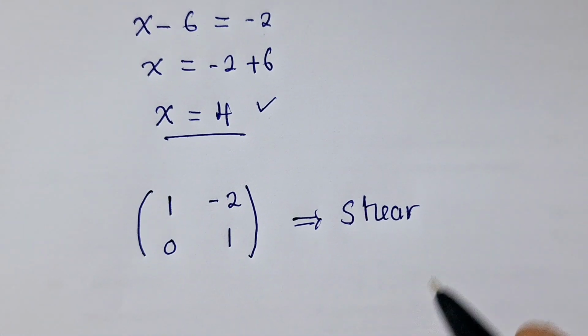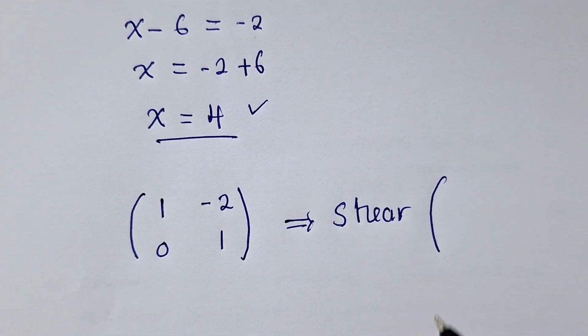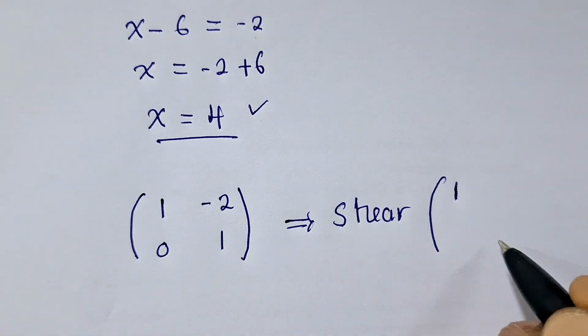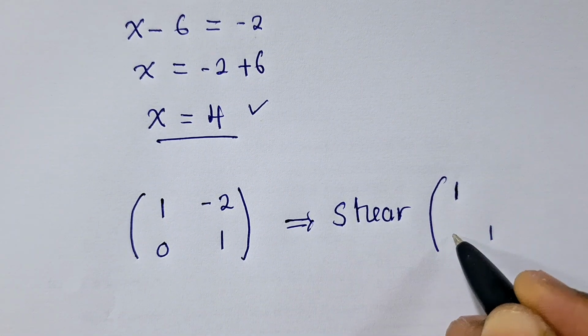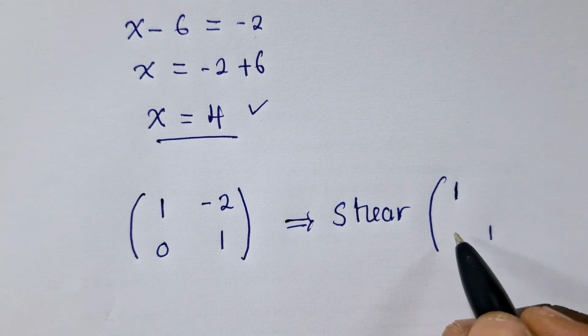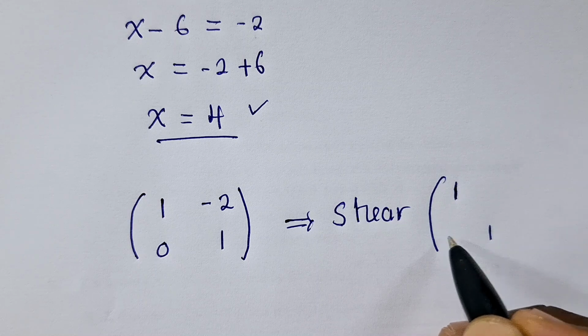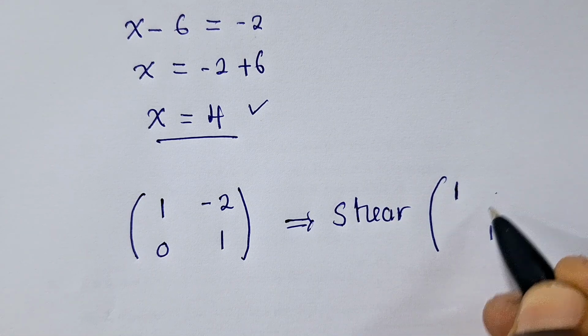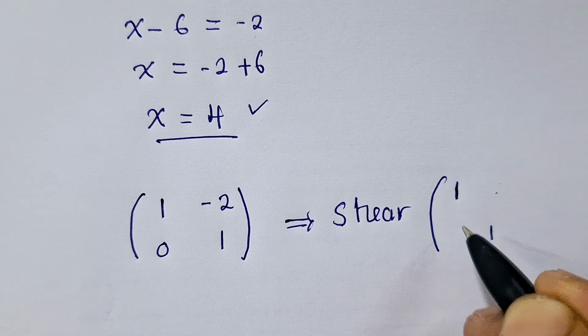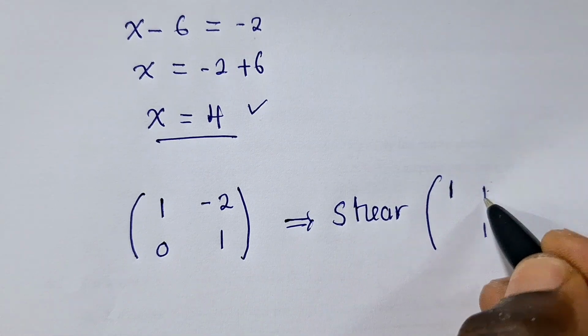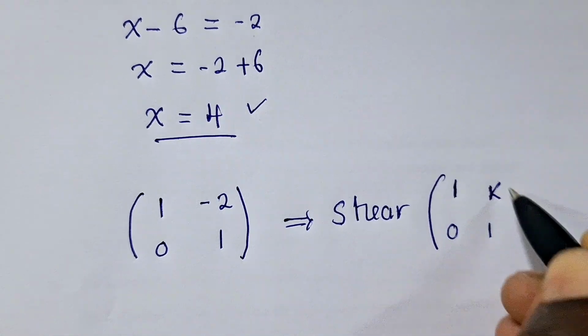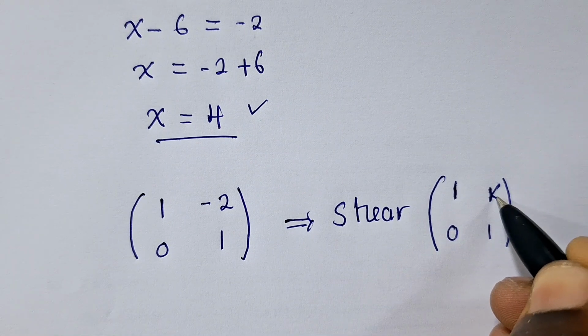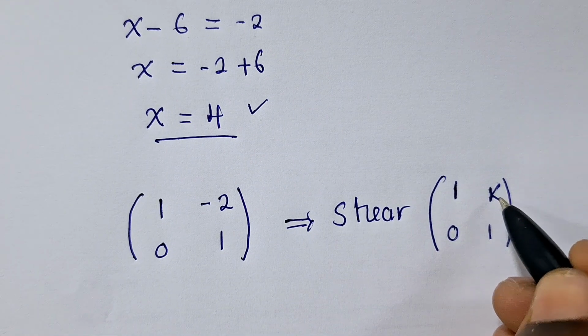The matrix for a shear is supposed to have a 1 here and a 1 here on the major diagonal, and then it will have a number in one of the other positions. If there is a number here, there will be a 0 here. If there is a number here, here there will be a 0, like it is. So we're going to say this is our k, and then a 0. This is the shear factor. We call it the shear factor.